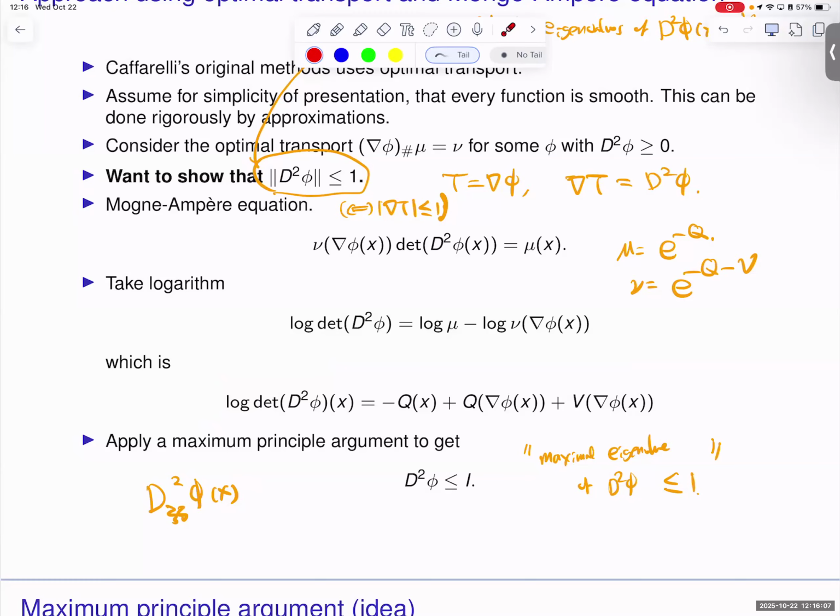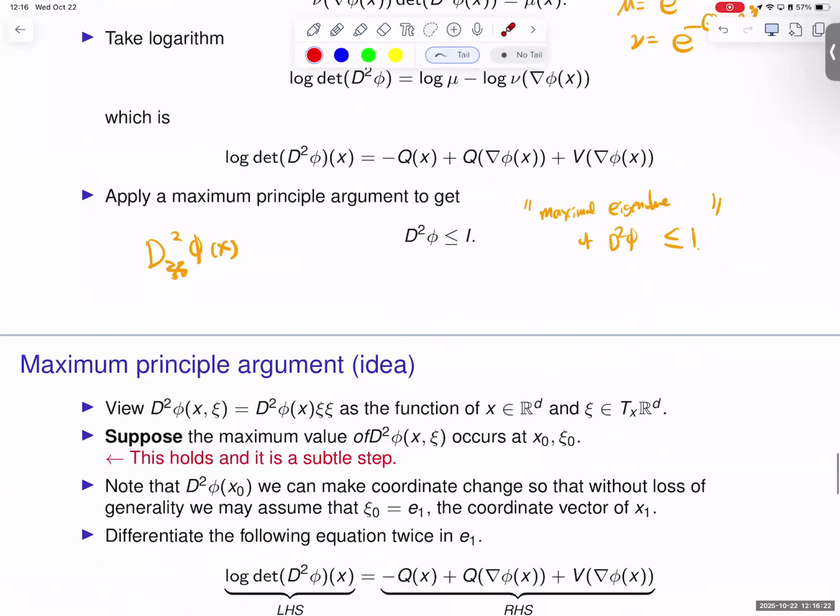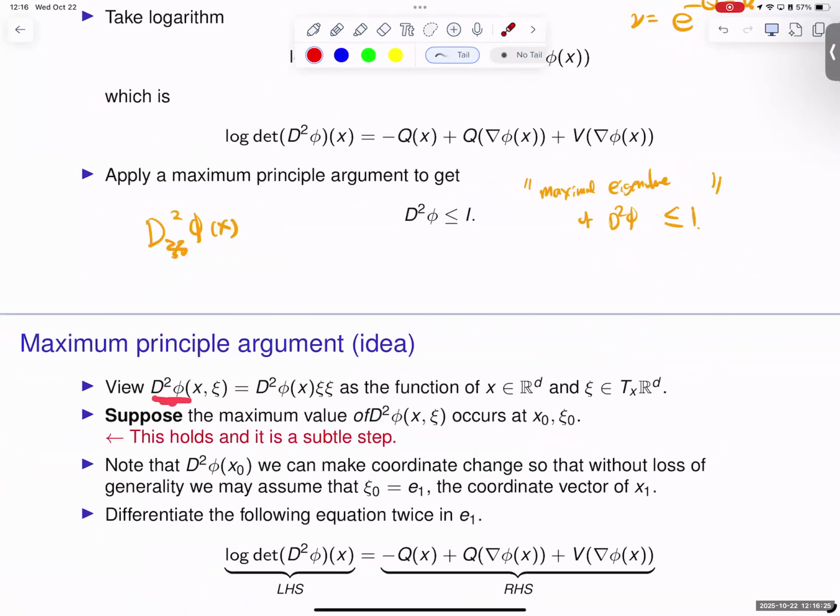All right. So let us carry out that idea. Once again, the derivative is a function of two things, location and direction, like this. And then suppose the maximum occurs at a particular location and a particular direction.